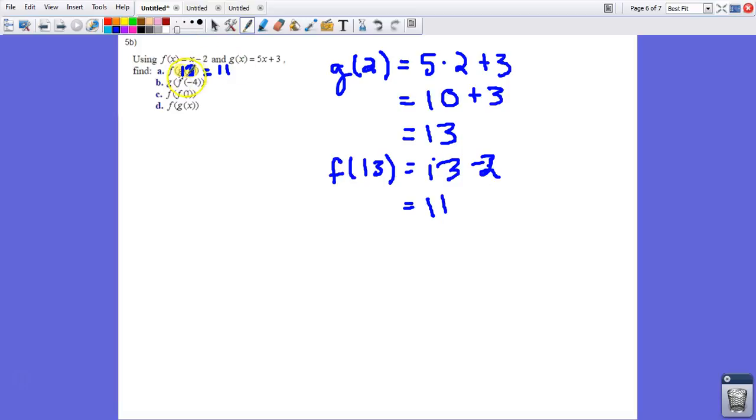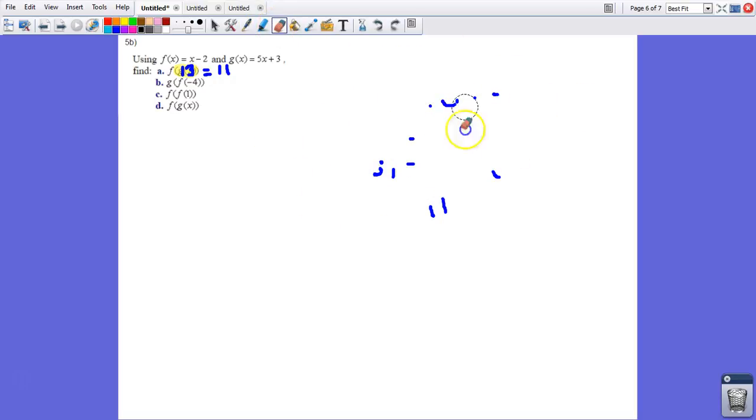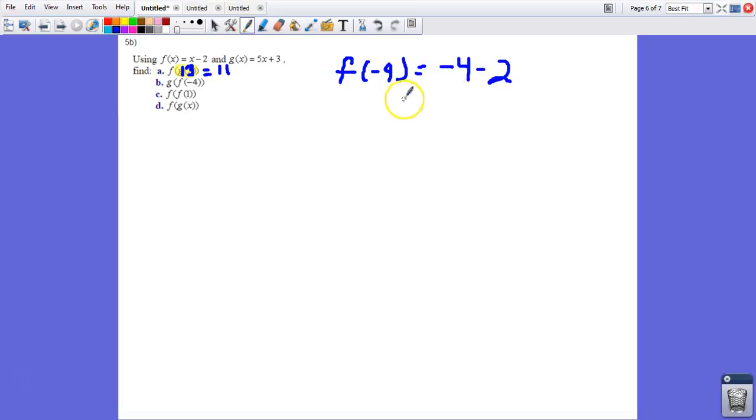Okay. Now g of f of negative 4. Let's see here. Starting with the middle, f of negative 4 means instead of x, I do negative 4 minus 2, which is negative 6.